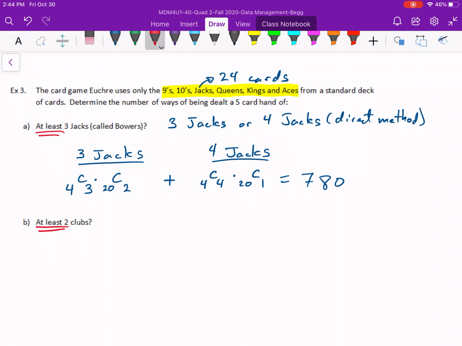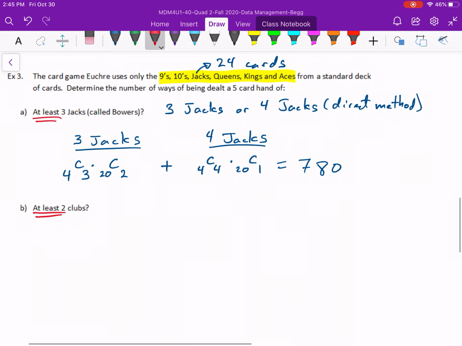A quarter of the cards are clubs, so with the 6 clubs, I could have 5 clubs. So 2, 3, 4, or 5 clubs if I do it directly. Or I could do it indirectly by taking the total hands and subtracting having no clubs or 1 club. In this case, it seems like the indirect method is actually going to be less work.